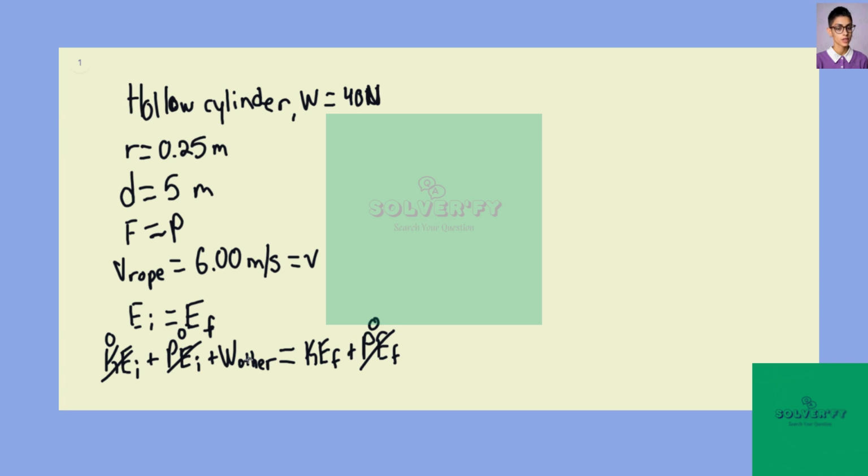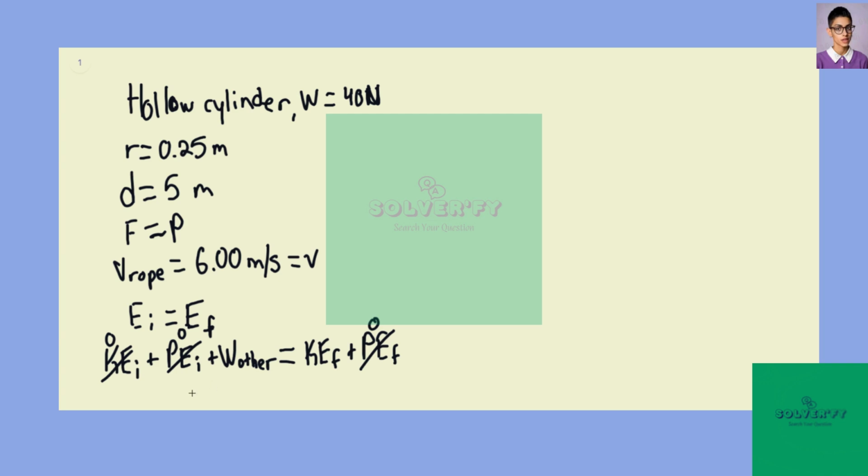So here, the work here would be FD. So work, the formula for work is force times displacement times cosine of theta. Theta here would be 0 degrees. So cosine of 0 would be 1.